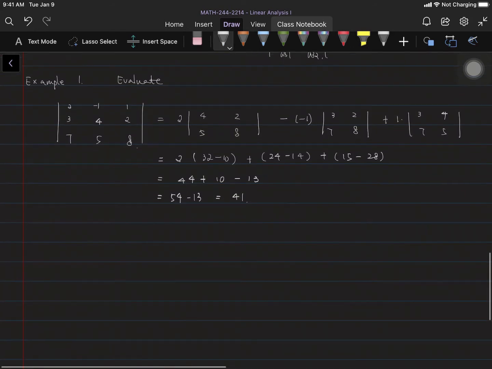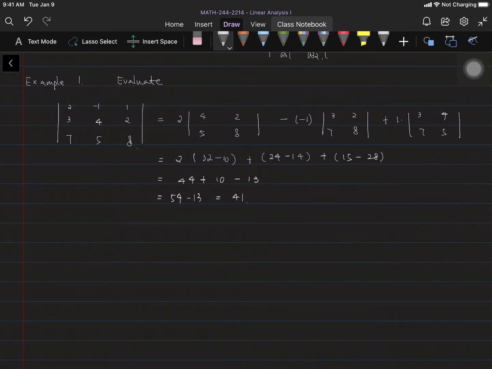Okay, pretty easy, right? I'm going to give you one exercise and you can try. Let's do this problem: 1, 2, 3, 0, 2, 0, 2, 1, negative 1. You can try this by yourself, but I can give you a hint.